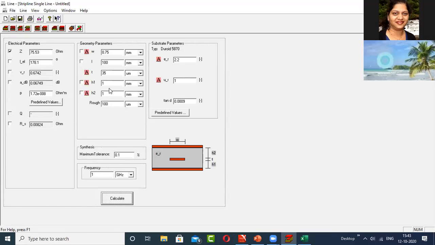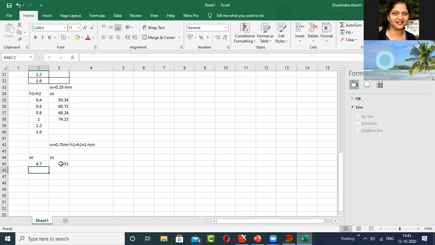Now I'll calculate the characteristic impedance. So it is going to what? 75.53. So if the dielectric material reduces, then the characteristic impedance increases.